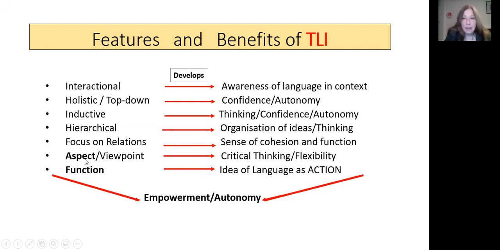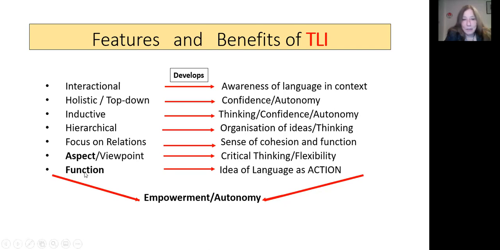So the same language item can have very different meanings depending on their specific context of use, and so different viewpoints, and so students need to be more flexible, and this is very useful for them in seeing implicit meaning, implied meaning, and understanding what people mean by what they say or write, and not just what they say or write.